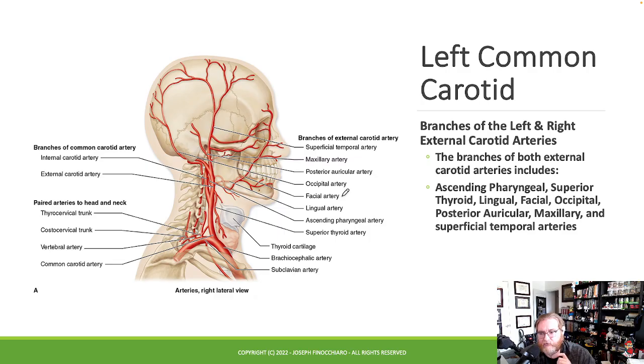The external is going to go into the outside and upper portions of your scalp. Okay? The interior is going to be fed by the internal. So when you see things like the ascending pharyngeal, superior thyroid, lingual, facial, occipital, posterior auricular, maxillary, and superficial temporal arteries, a lot of these things are on the outside of your skull.